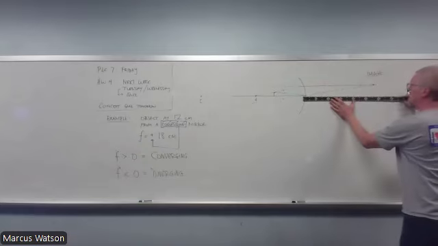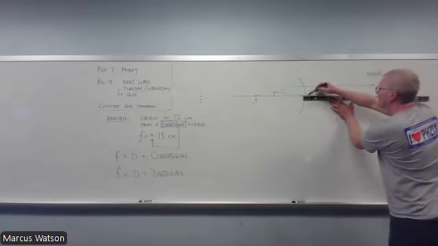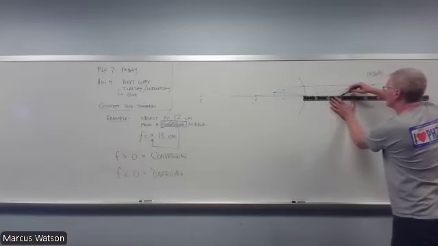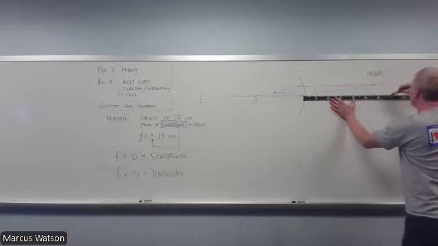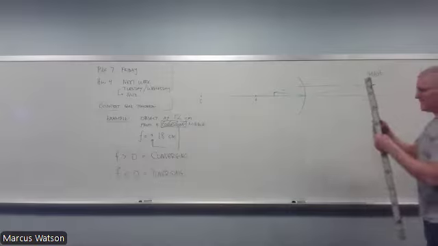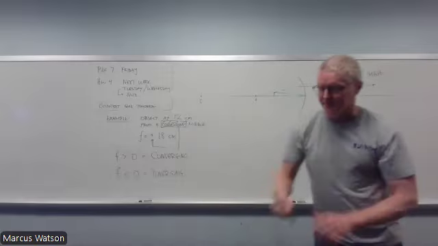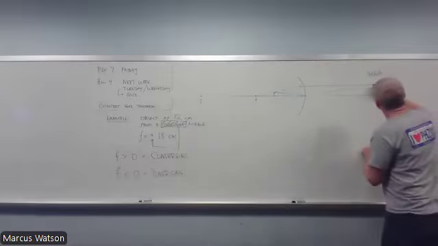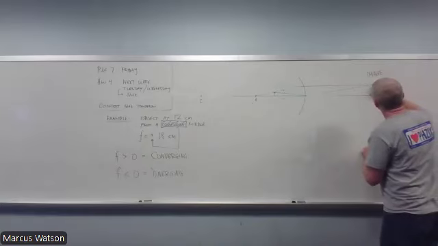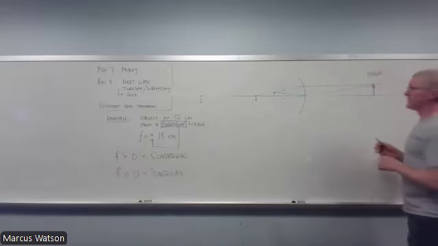This means if I take a look at the extension of my optic axis, it would have come in like this, and therefore the image is going to be here. Right there.